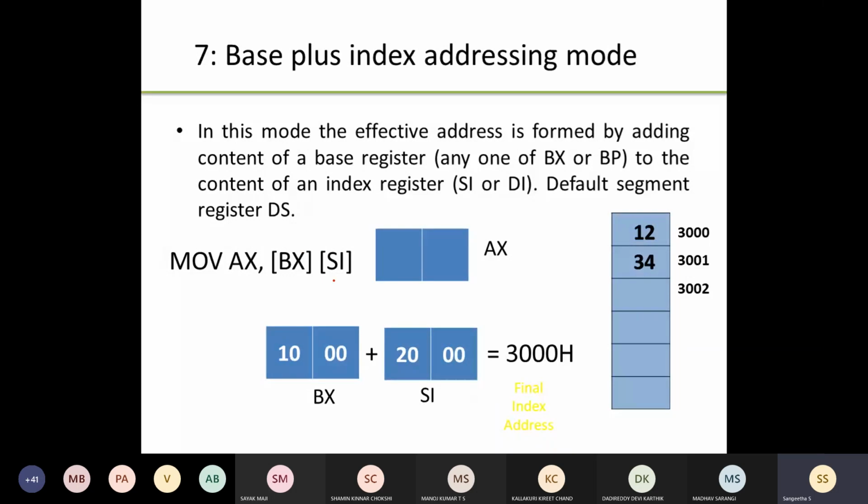Like move AX comma, when you are given with base and source, you have to see what offset address is there in BX and what offset address is there in your SI. Add these two, that will be the final indexed address, that is 3000. So in 3000, what is the data that will be going to your AX? This is the example for base plus index addressing mode.